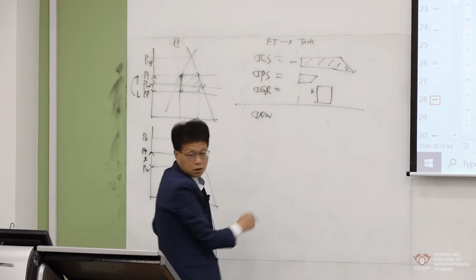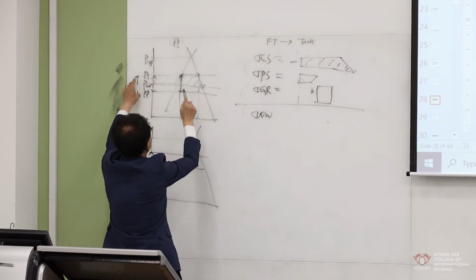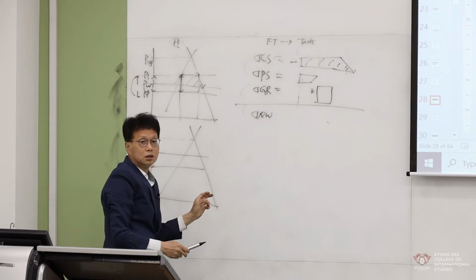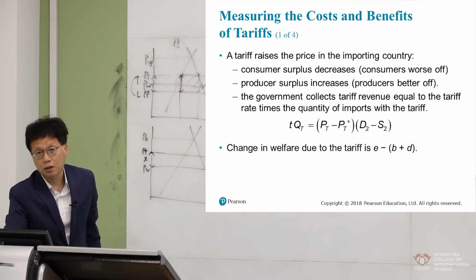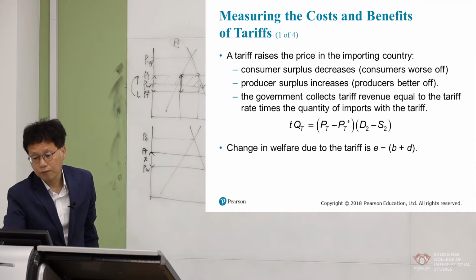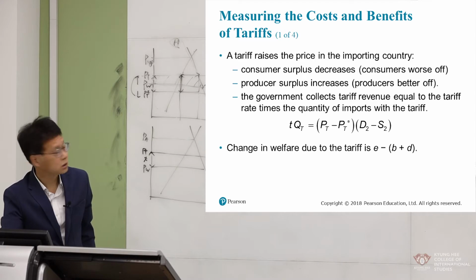Collection is equal to T times QT, where the tariff rate is PT minus PT star, and QT is DT minus ST. Change in welfare due to tariff is like this.